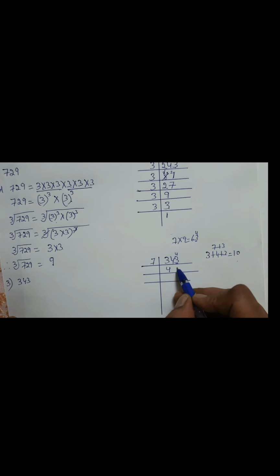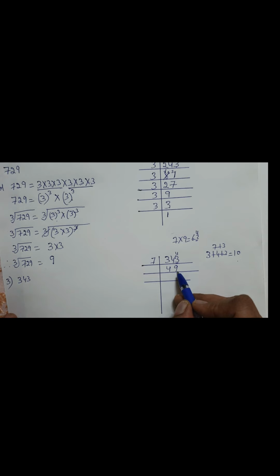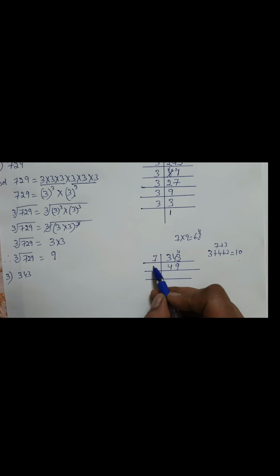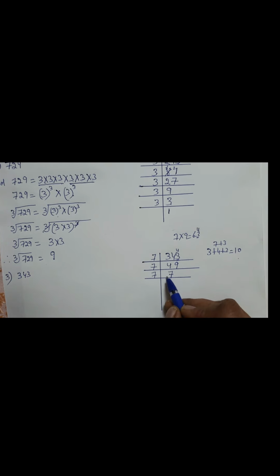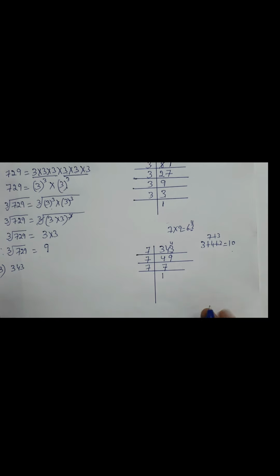So 7 nines are 63. Now 49 we got. 7 sevens are 49. And the number by itself, 7, a single number remains. We have to divide this number by itself. 7 ones are 7.